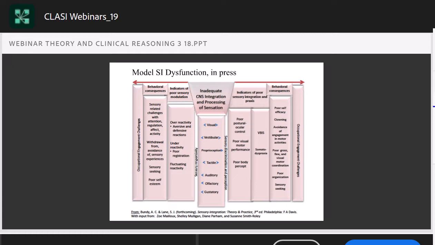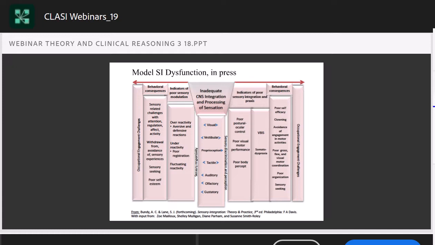You'll see that if you go to the right-hand side of the model, you'll see indicators of poor sensory integration and praxis, more in the perceptual area, with the vestibular bilateral integration and somatodyspraxia, and the kind of behavioral consequences, and of course affecting occupational engagement.